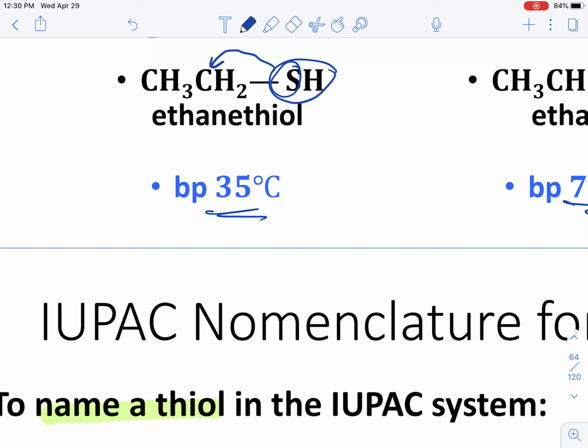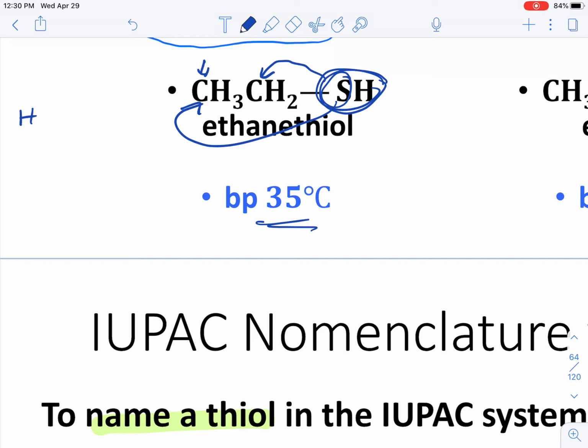So I'm just going to write a reflection. Remember that you have to make sure that the carbon does not break its octet rule. And so when we're adding this thiol onto this carbon that's on the left, we have to make sure that the carbon only has enough bonds so that it fulfills its octet rule.